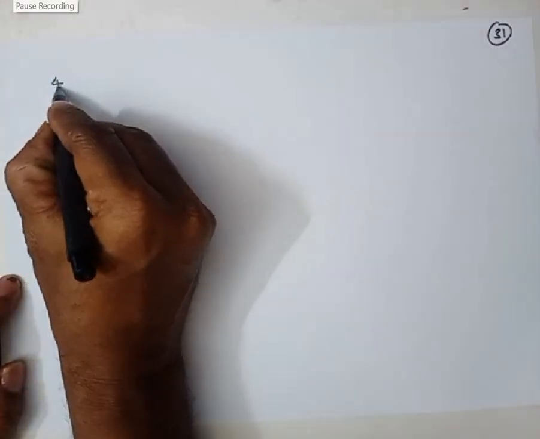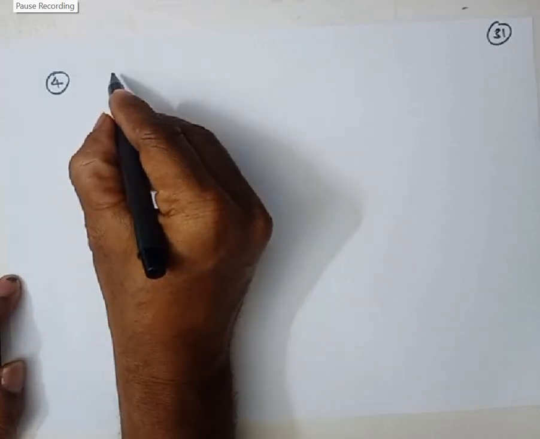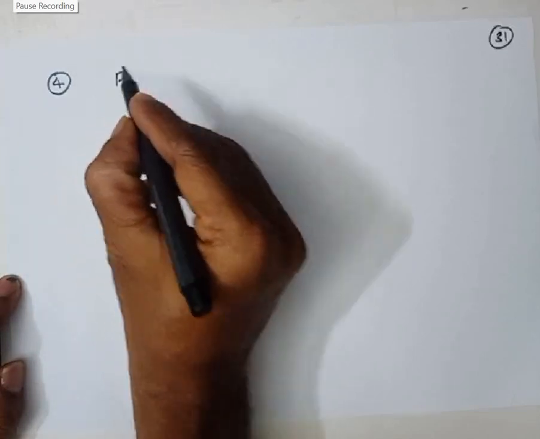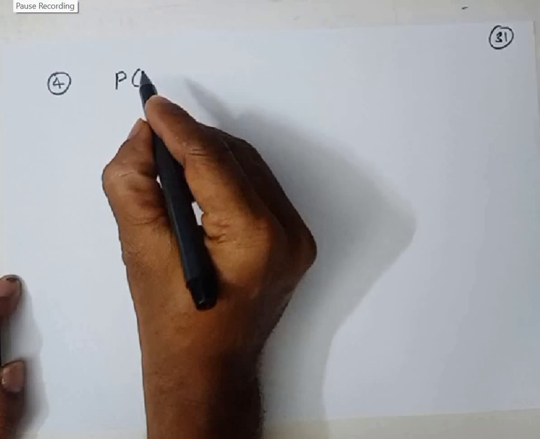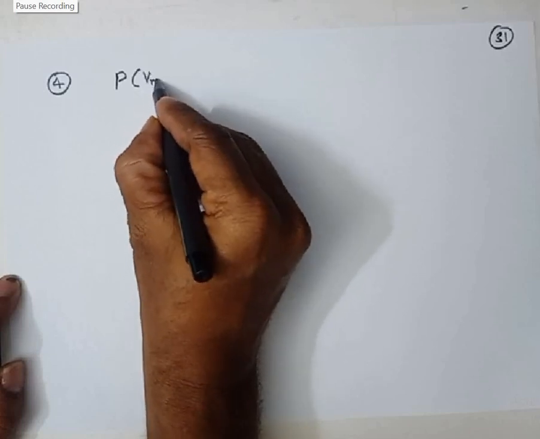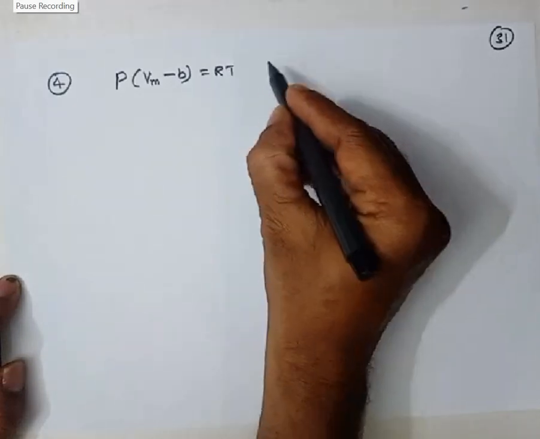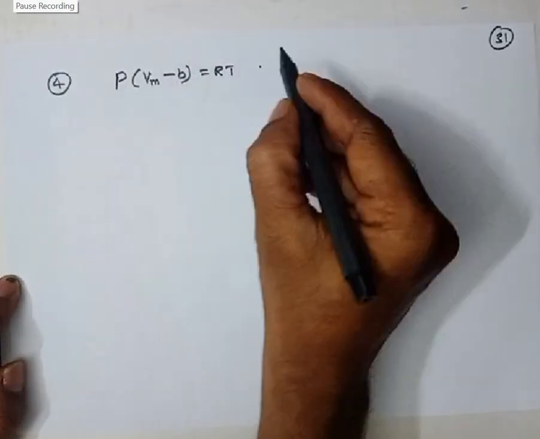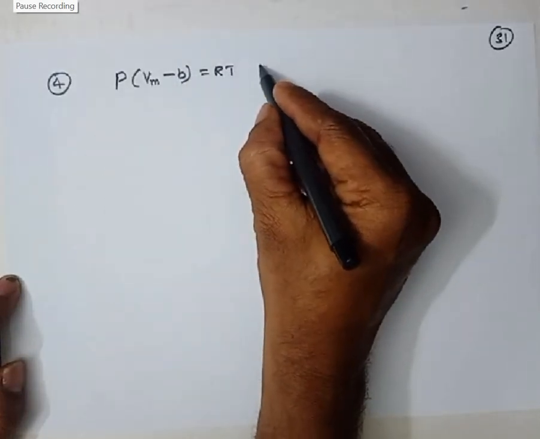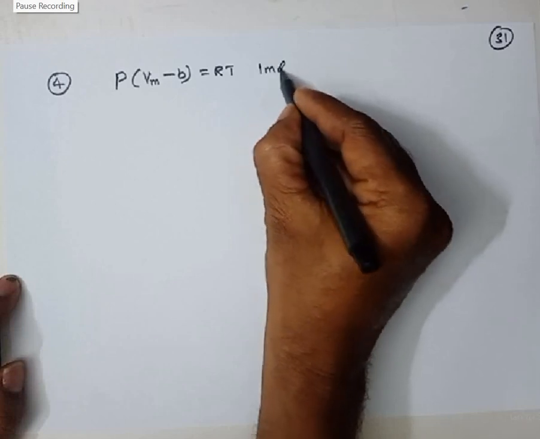Suppose we take some real gas. If that real gas follows this equation, P into (molar volume of the gas minus B) equal to RT, this is an equation of state for 1 mole of real gas.